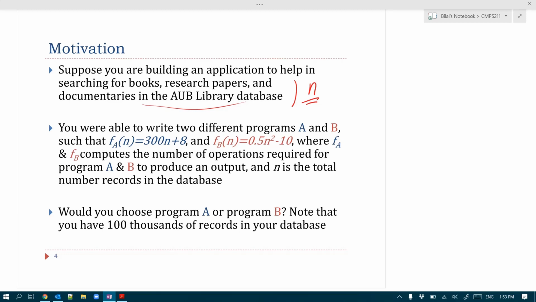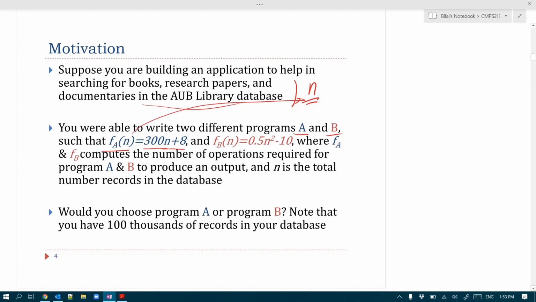So you were able to write two different programs. Imagine one program called A and another called B, where the first one, for that same number of library items, is costing you 300 times n plus 8.